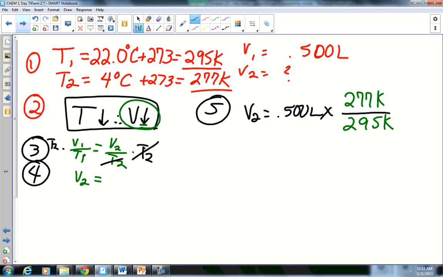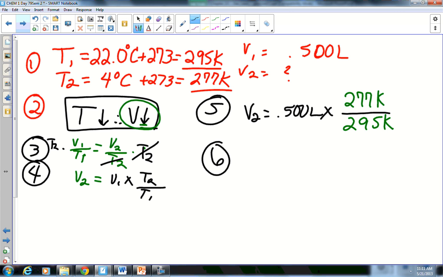So V2 will be equal to V1 times T2 over T1. So those of you that can't see this way, do it this way. Step 3, step 4. Okay, step 5 then is put your values in. And then step 6 is to solve, Carissa.